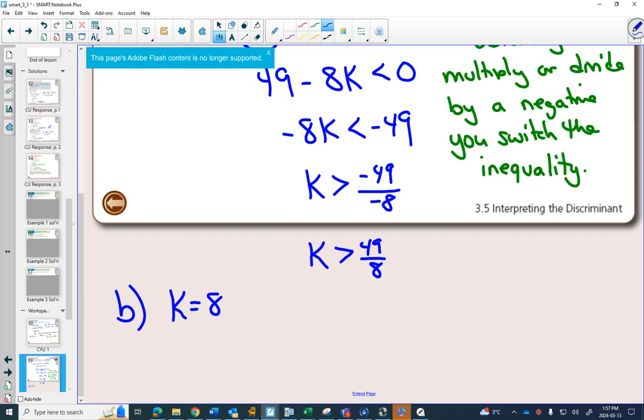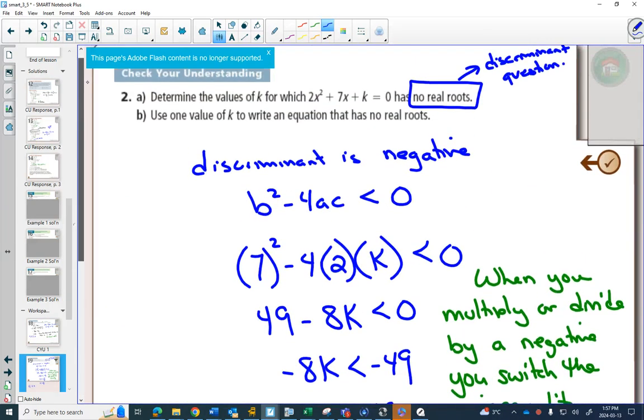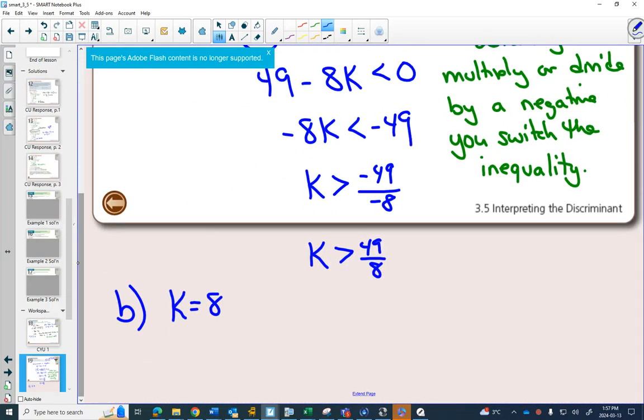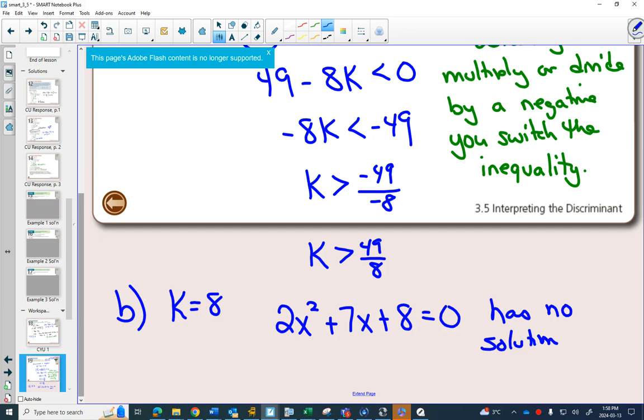If k is equal to 8, then my equation would have been 2x squared plus 7x plus 8 equals 0 has no solutions. Is that true? Figure out what the discriminant would be. B squared minus 4 times A times C. Do you get a negative?